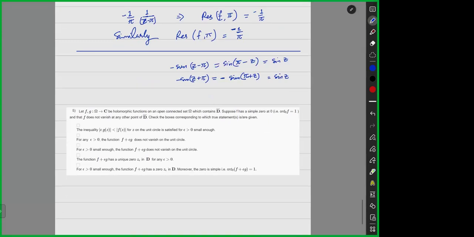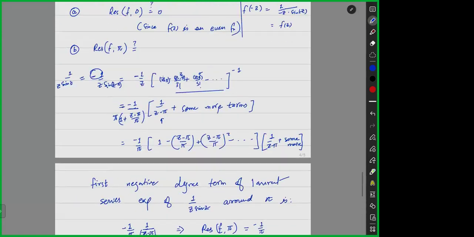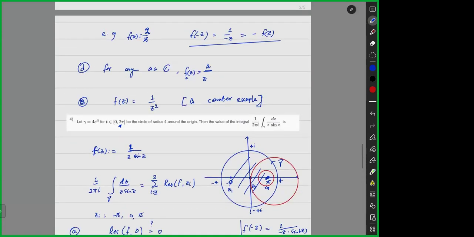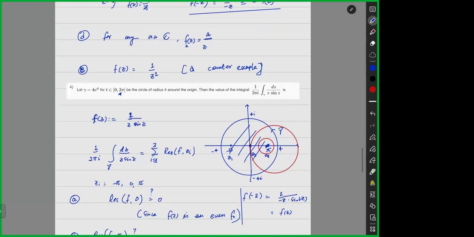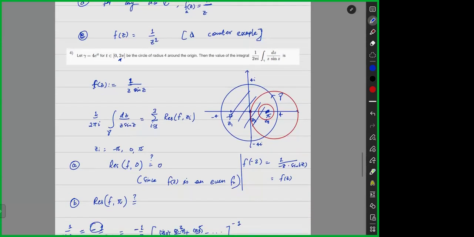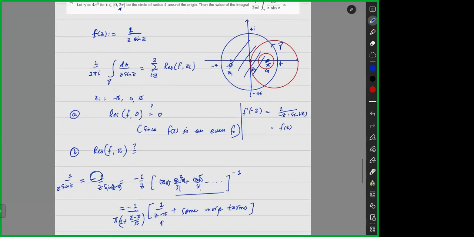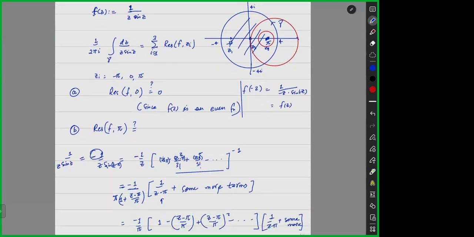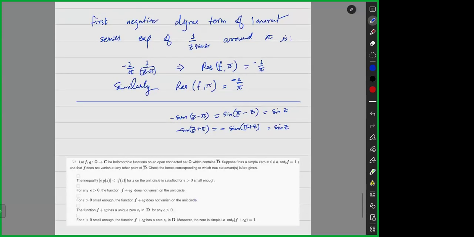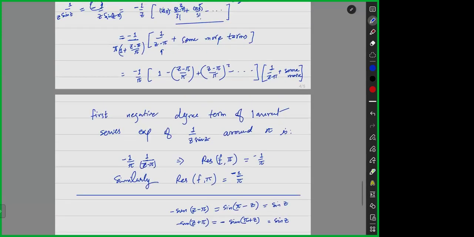So what will happen? What will be the integral? So minus 1 by pi minus 1 by pi. It will be 2 by pi, right?